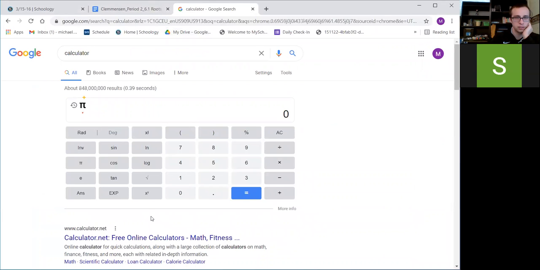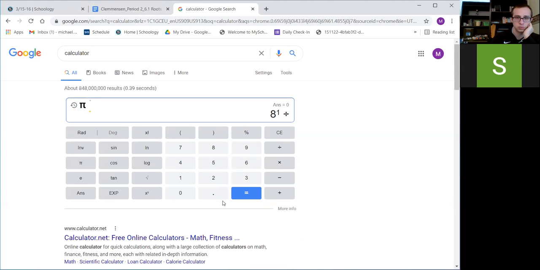My cube root button is, I get it from here. This would be a great one to be able to use your thing right here. And so you can go something like 8 to the power of 1/3.